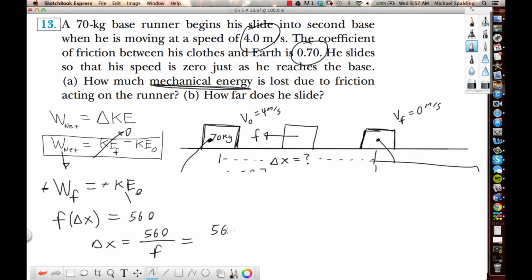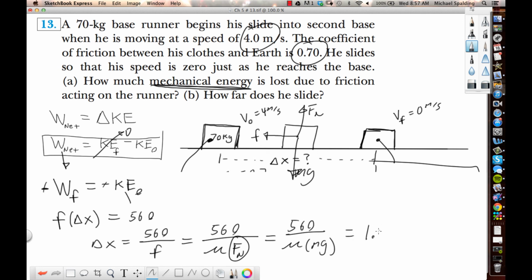But what's the friction equation? Friction is mu times normal force. What's the normal force? If you look at this box here, we have normal force up and mg down. So the normal force is mg. So you plug into this and you get 1.17 meters.